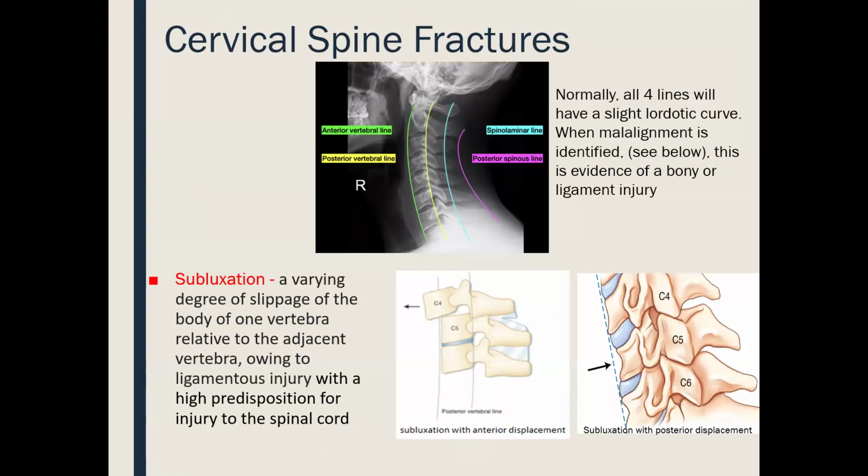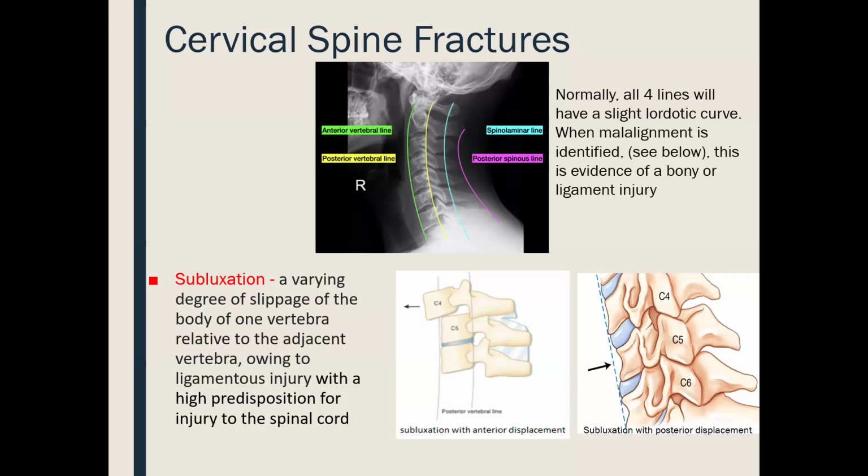But a subluxation is when one of the vertebrae slips either forward or backwards on the one above or below it. This is because of a ligament tear or a ligament injury.